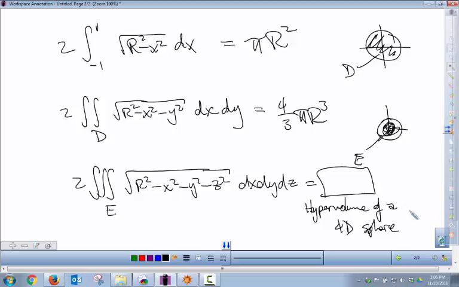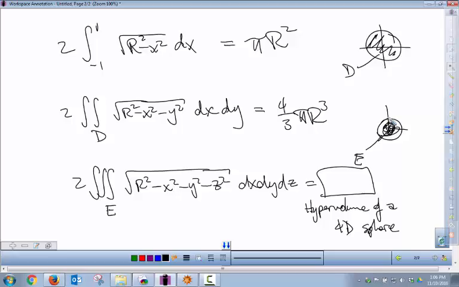Now we take a look at a hypervolume, you know, the fourth dimensional volume of a four-dimensional sphere. And E is going to be the shadow, which is a 3-dimensional shadow of a 4-dimensional sphere, whatever shadow means.